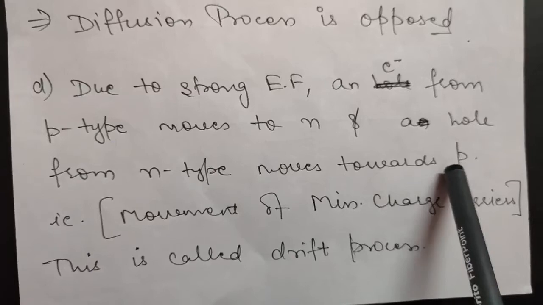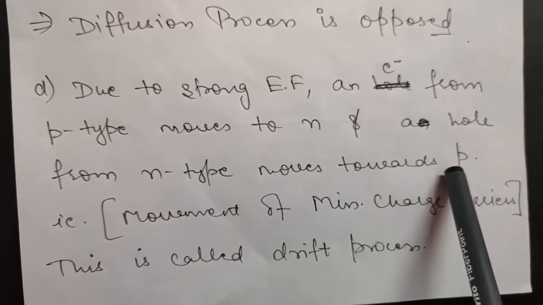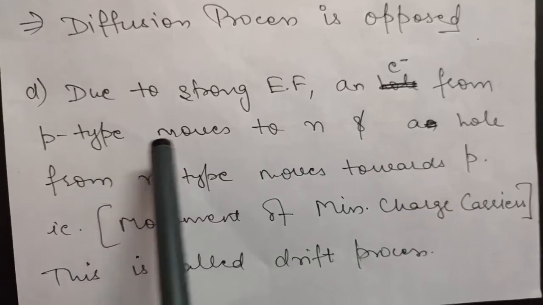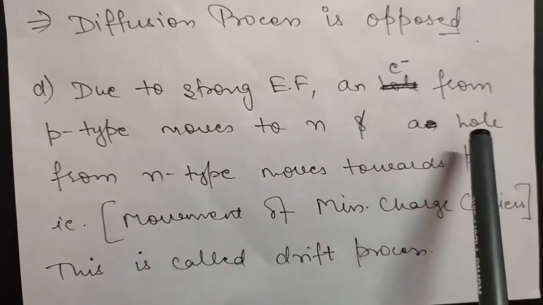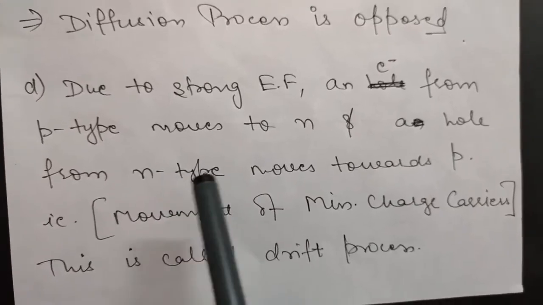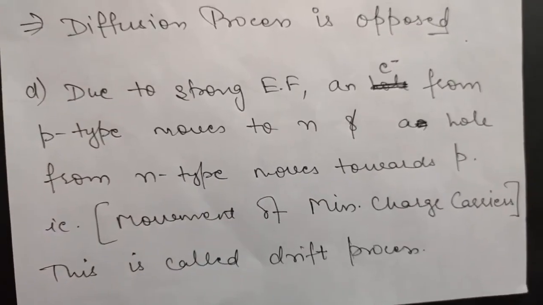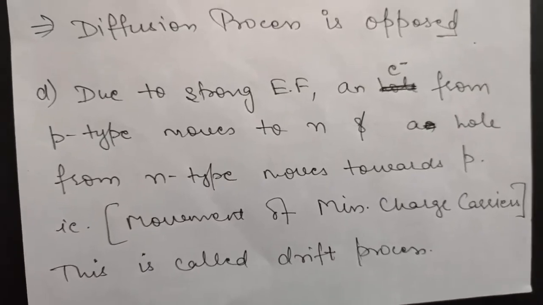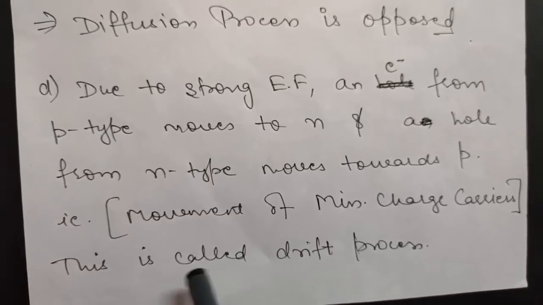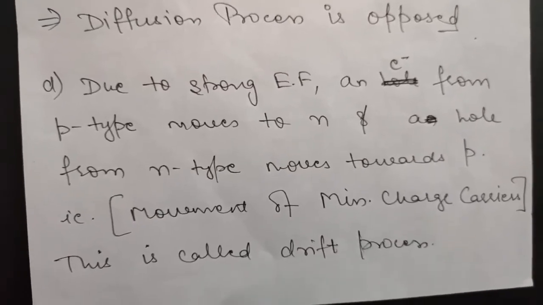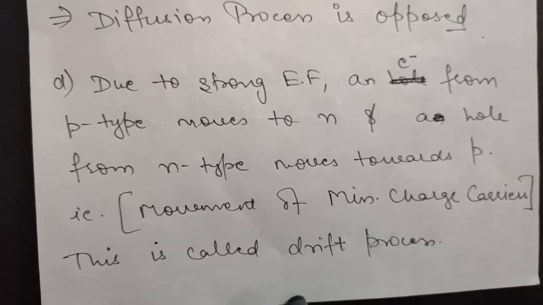Now, why am I calling it the flow of minority charge carriers? Because obviously electrons are minority charge carriers in P type, and they are flowing here. Similarly, a hole is a minority charge carrier in N type, and it is flowing here. So due to this strong electric field, the flow of minority charge carriers is started, which is called the drift process. Okay, so what is the difference between diffusion and drift process?